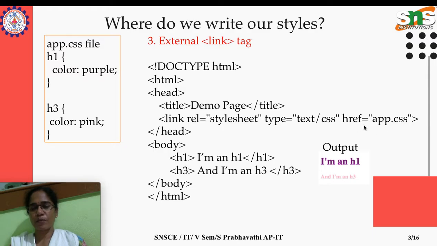So href equals app.css, and I have app.css in a separate file, where I have defined the color of h1 to be purple and h3 to be pink, and here in the body I have that heading, and the browser renders the output by the style which I have mentioned in the external style sheet. Okay, so we have seen this already.